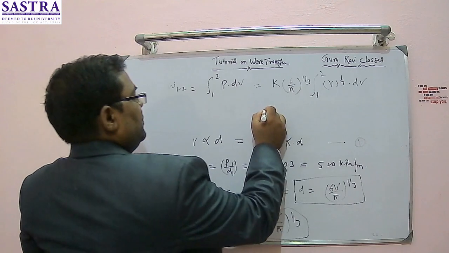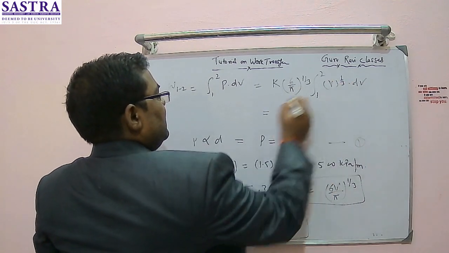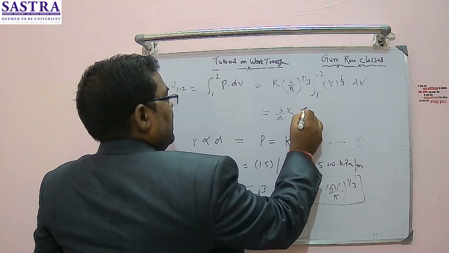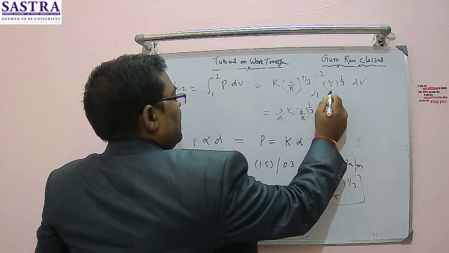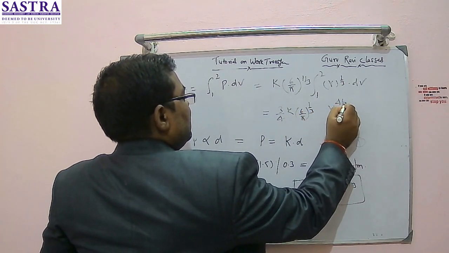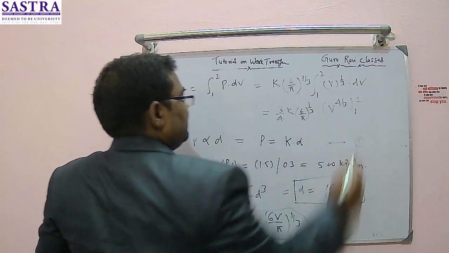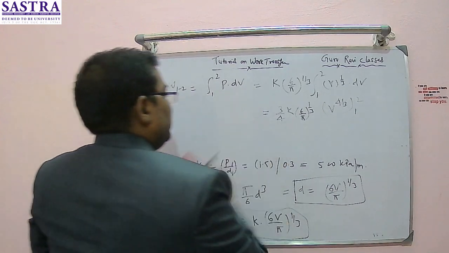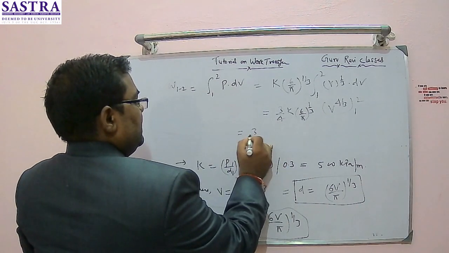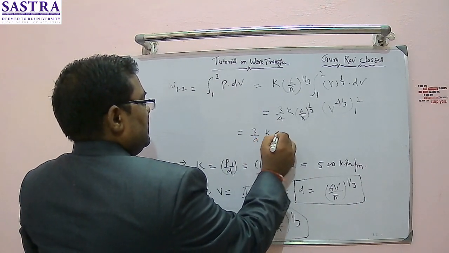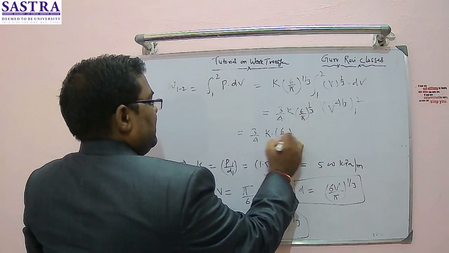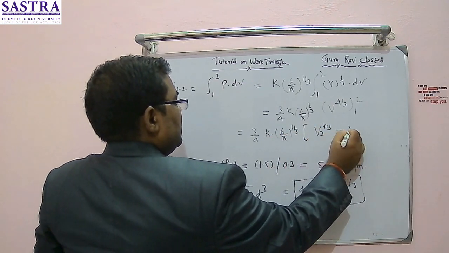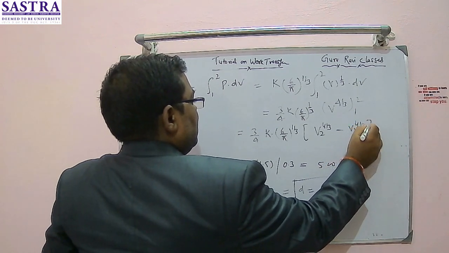If you do so, this becomes 4 by 3, and this becomes 3 by 4 K, 6 by pi to the power 1 by 3, V to the power 4 by 3, 1 to 2. Alright, just expand this, you will get 3 by 4 K, 6 by pi to the power 1 by 3, V2 to the power 4 by 3 minus V1 to the power 4 by 3.